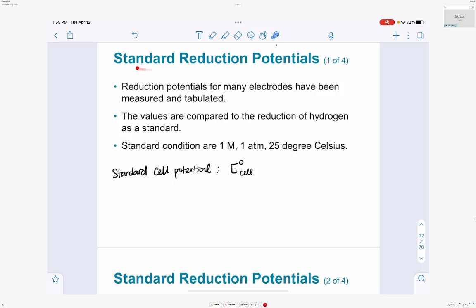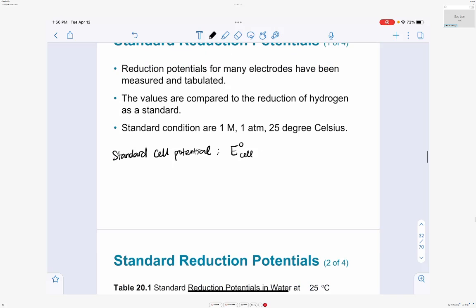The standard reduction potential is a measure of how much a substance is willing to go through reduction, how much a substance is willing to accept electrons, how greedy or hungry for electrons it is, how likely a species will gain electrons. That's the reduction potential.